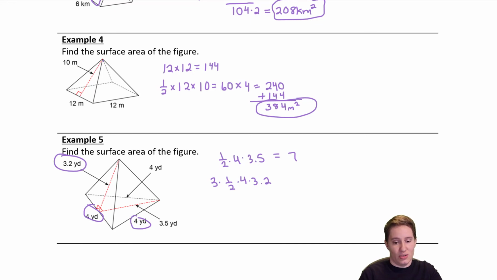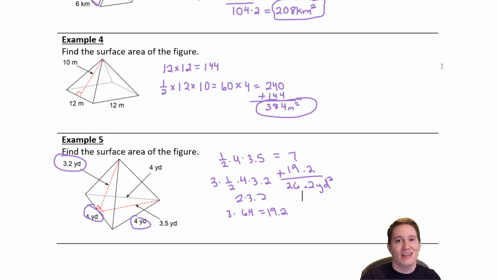And on this one, I would do 1/2 of 4 again and get 2. 2 times 3.2 is 6.4. And then we need to times that by 3, which would be 2, carry your 1, 19.2. So what is 7 plus 19.2? 26.2 yards squared. This has been surface area of geometric solids.